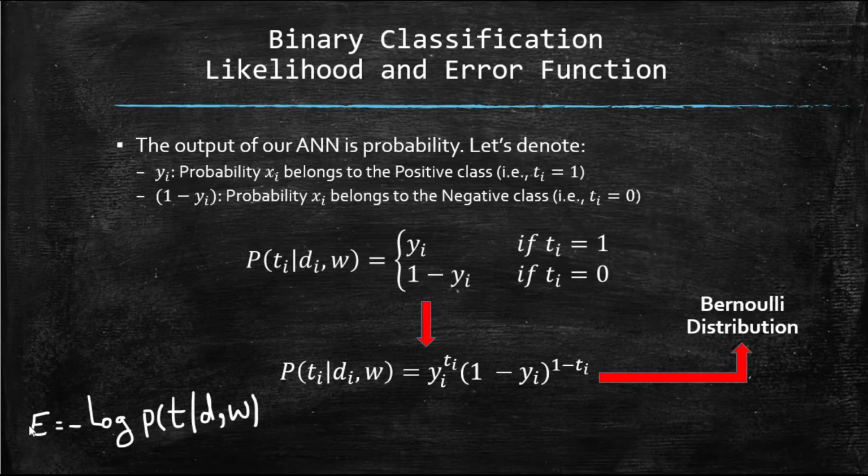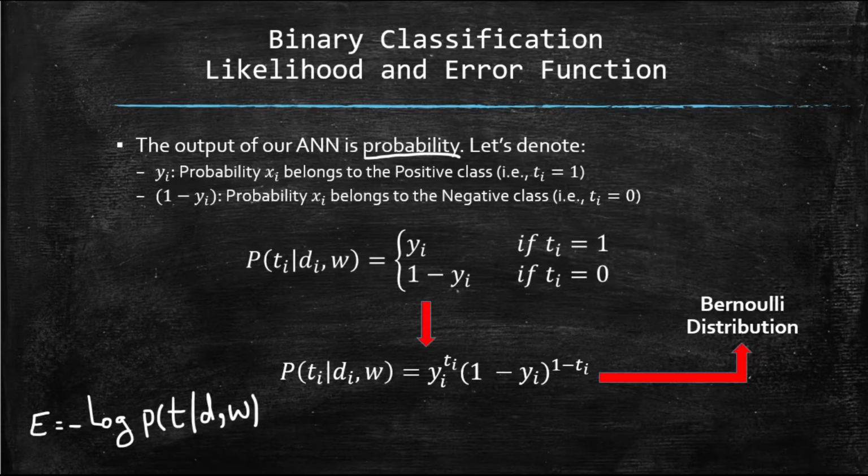Previously for regression, we assumed a Gaussian distribution on this whole likelihood, and we took the log and reached the SSE, or the sum of squares error function. Now, here, the output of your artificial neural network is a probability, because you're going to pass it through the sigmoid function, and it's going to be a number between 0 and 1, which is the case with a probability.